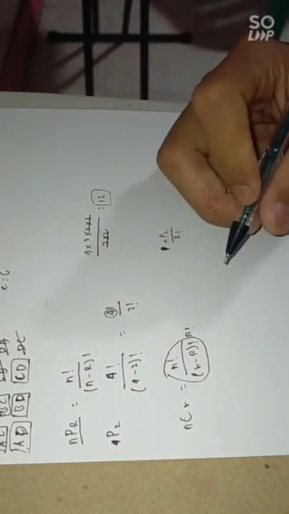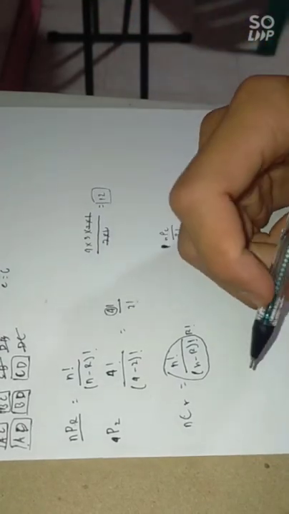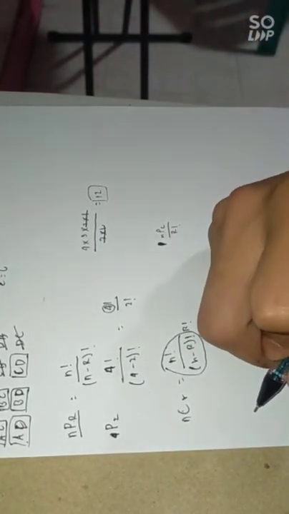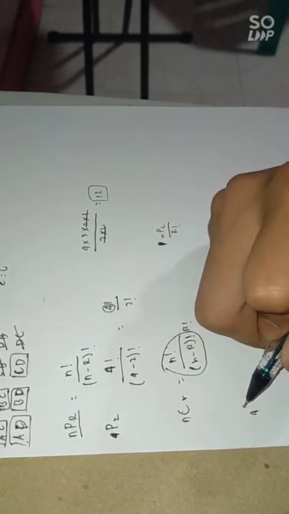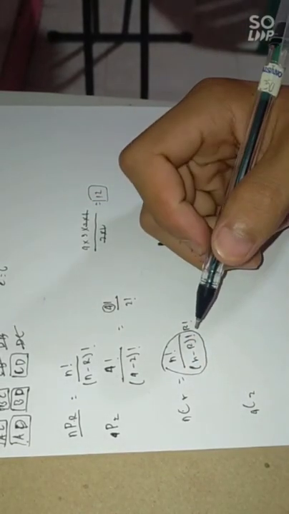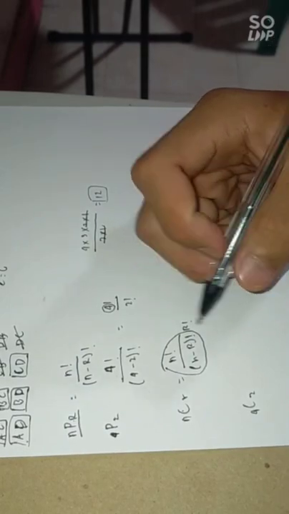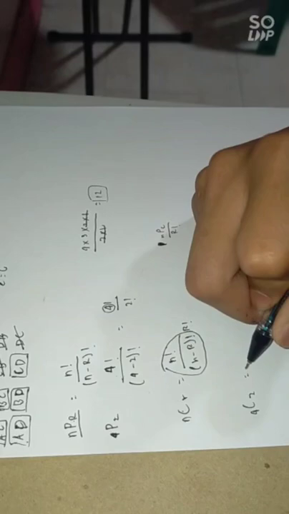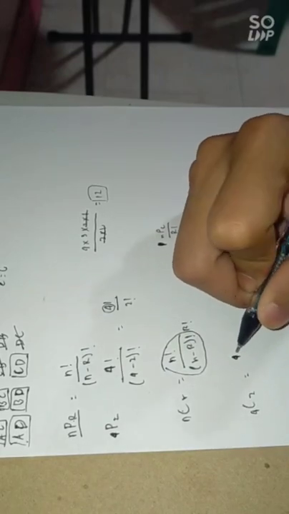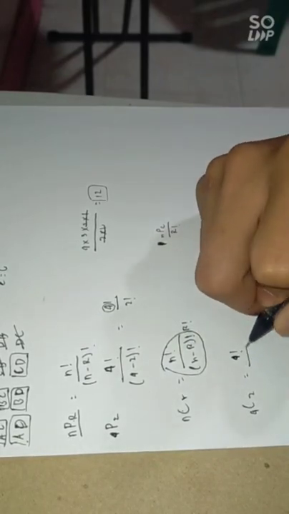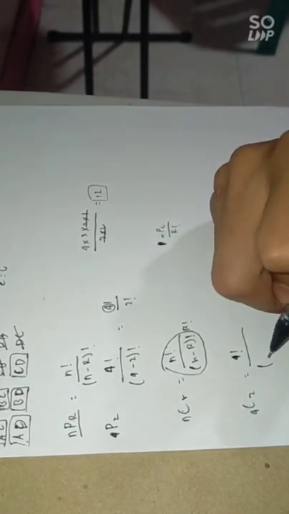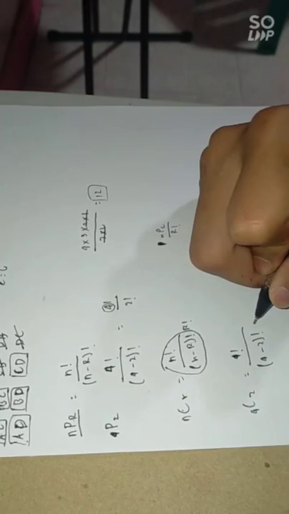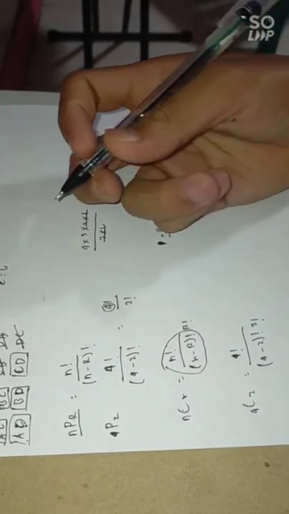So we have 4C2, so it is 4 factorial divided by 4 minus 2 factorial, divided by 2 factorial.